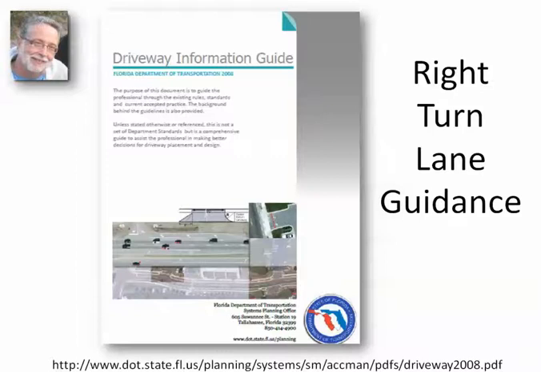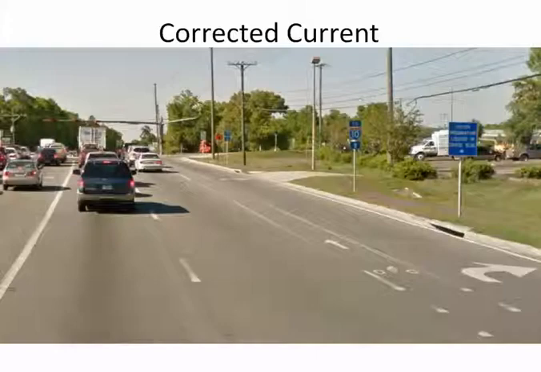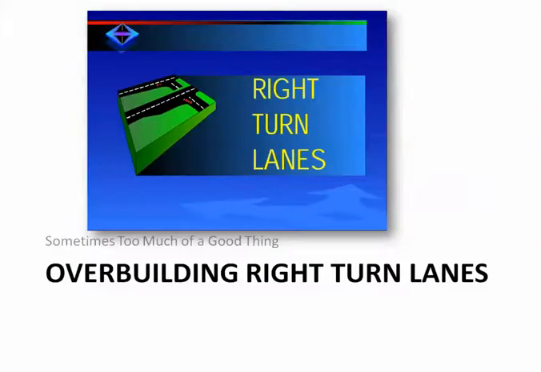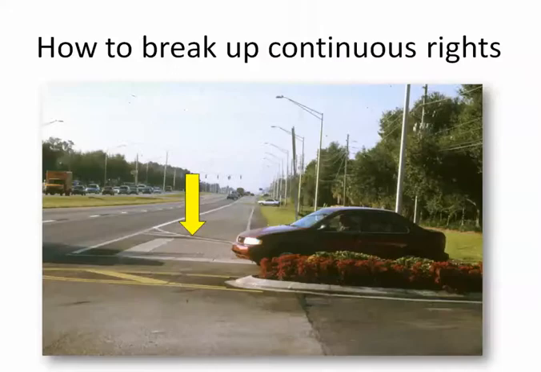The other question we have is, can continuous turns be broken down with striping only? And the answer is yes. The picture that Gina showed you earlier, of that one right there.